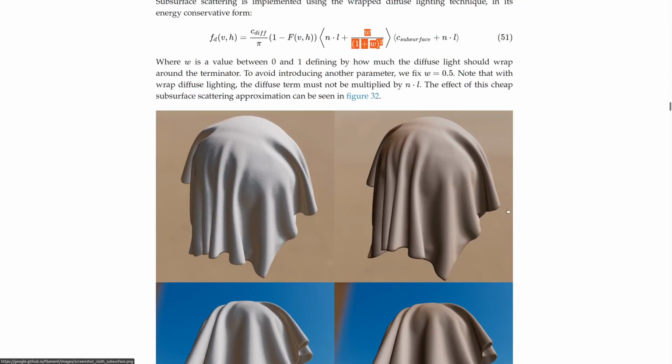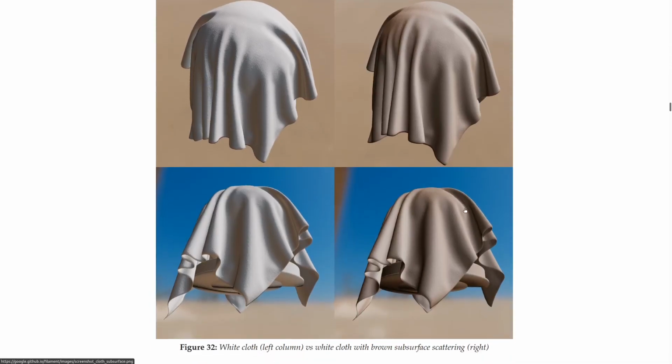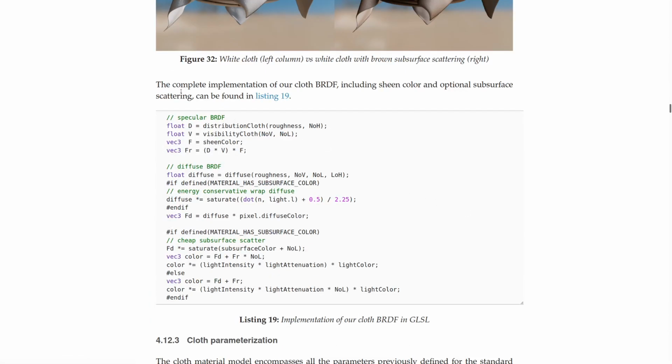I guess I wouldn't exactly call it subsurface, but yeah, I guess that is what they're trying to model there. The complete implementation of our cloth BRDF, including sheen and subsurface scattering, is found here. So, taking the distribution of the normals, we've got the visibility term, and then computing everything here.